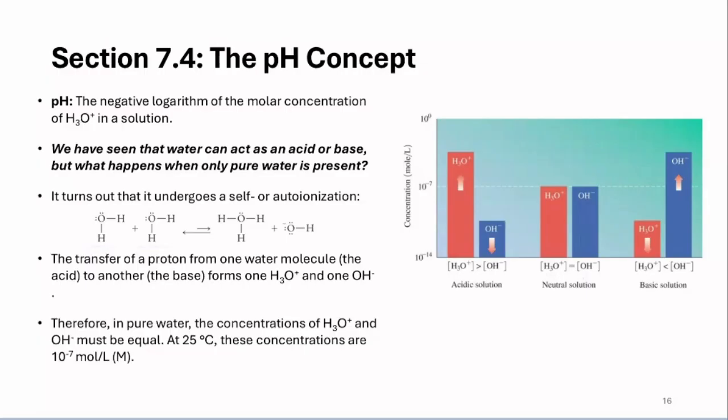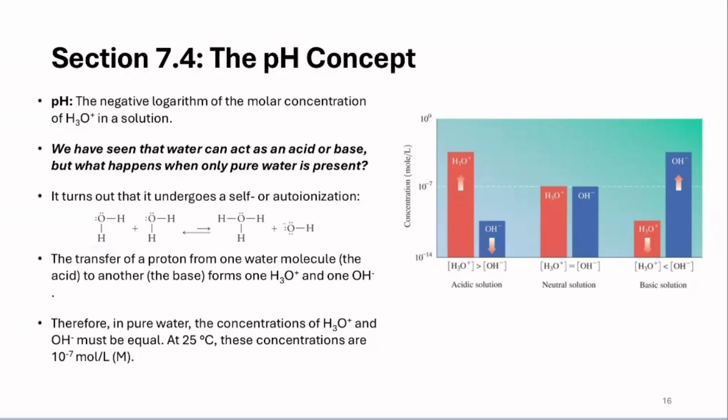Later, it was demonstrated that if you have substances in which the concentrations of hydronium and hydroxide vary, then we consider them either acidic or basic solutions.